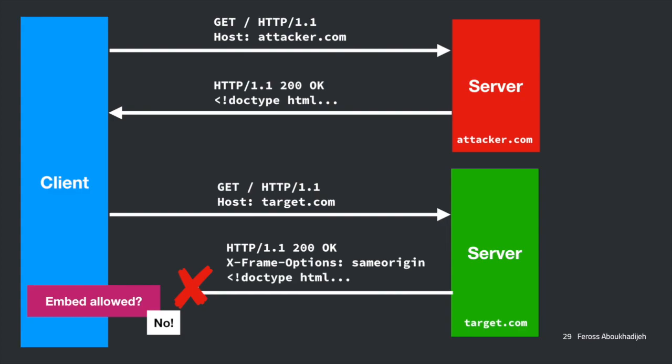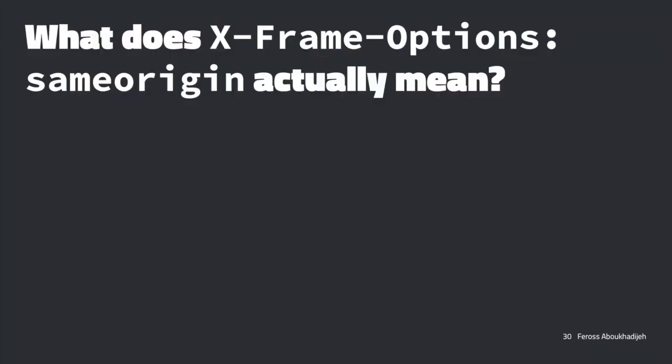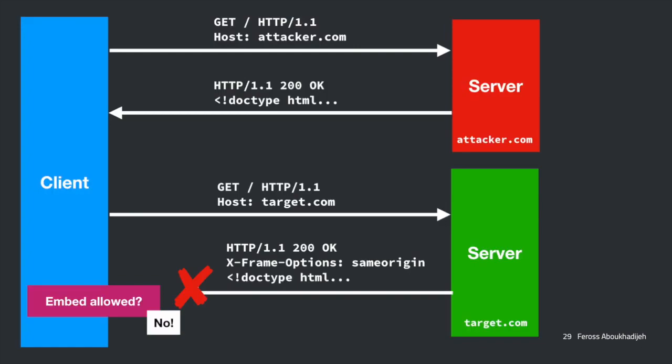So hopefully this makes sense. We're relying on the browser to do the defense here. And when it comes to these kinds of defenses, you have to think about what the market share of browsers is that actually support this feature. Because the users who are running really old browsers, their browser might not know what to do with this header, and so they're going to be vulnerable to this attack.